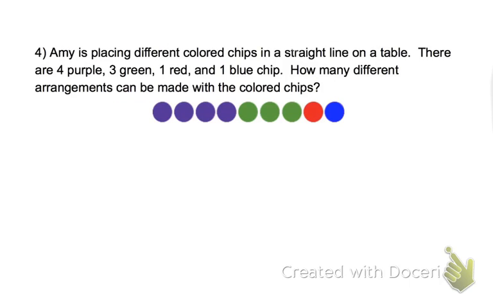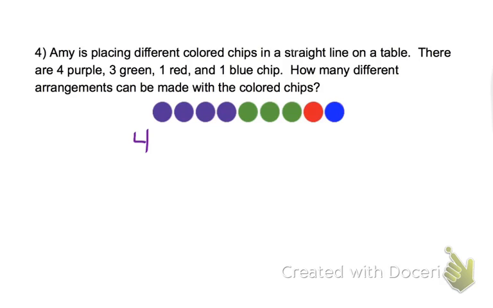Number 4, Amy is placing different colored chips in a straight line on a table. There are 4 purple, 3 green, 1 red, and 1 blue chip. How many different arrangements can be made with the colored chips? So again, looking at this problem, when we rearrange the chips, we're going to have duplicates again.